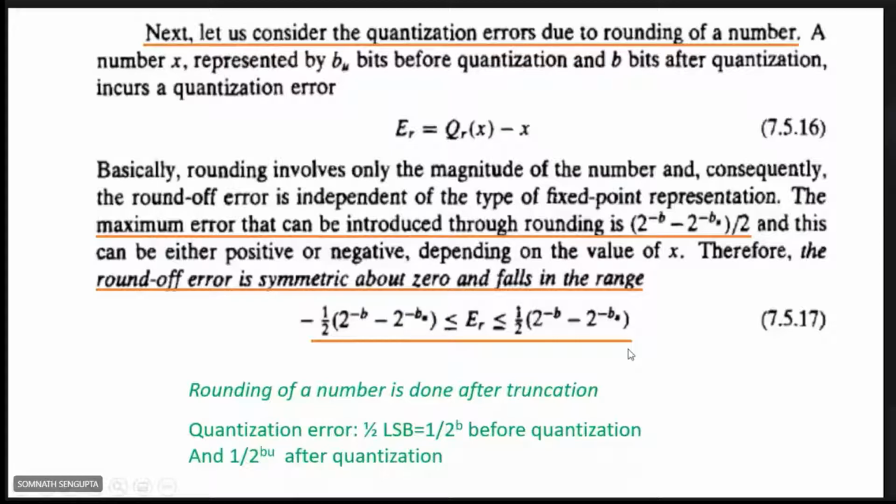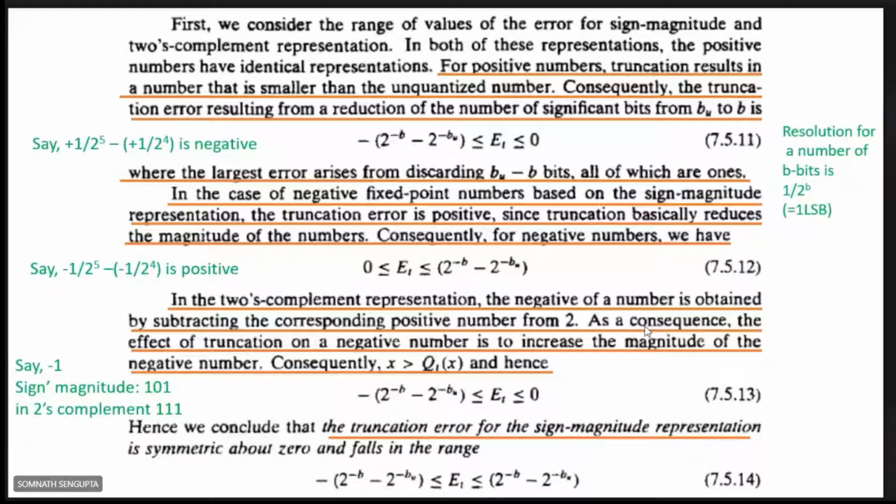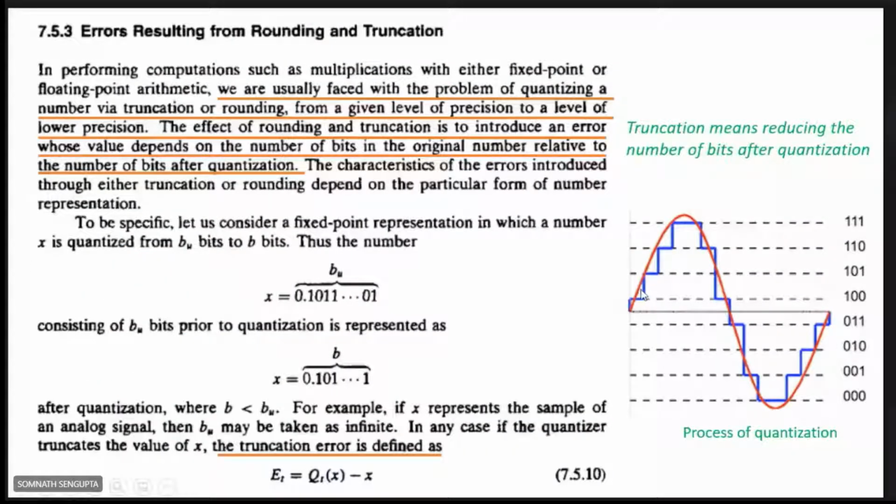And what is the quantization error? Quantization error, you know, is half of LSB. If you look at the figure, if some analog quantity is falling at the middle of an individual level, then what binary value will we assign, either the lower one or the upper one?